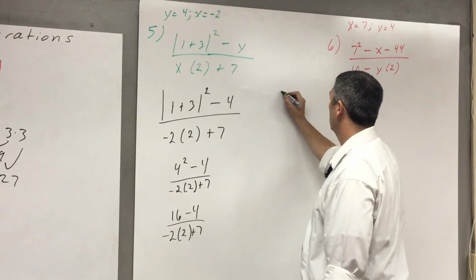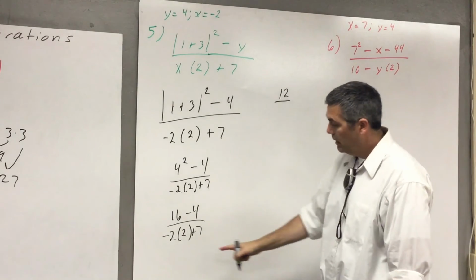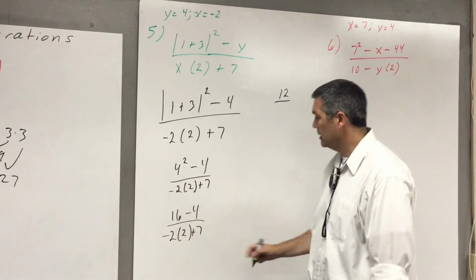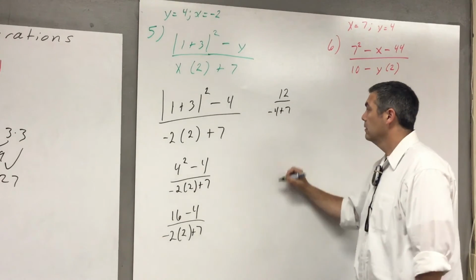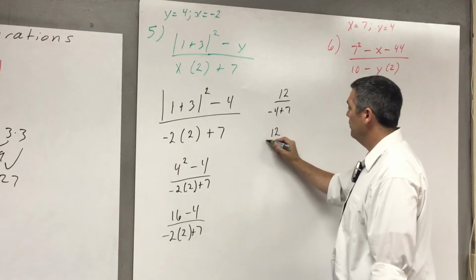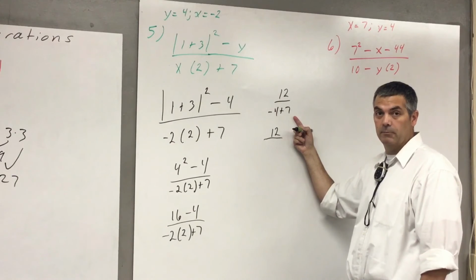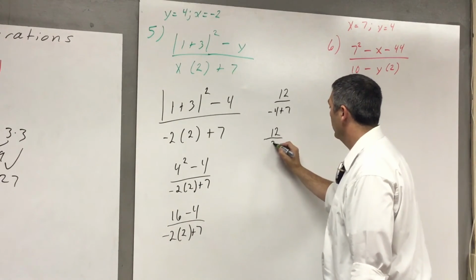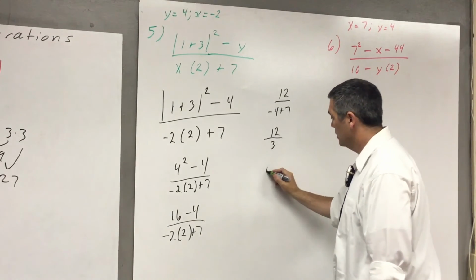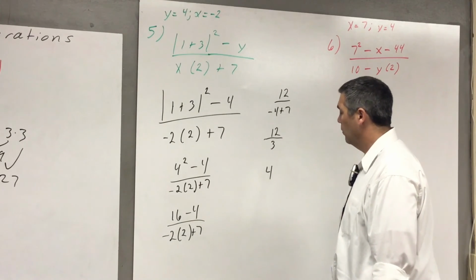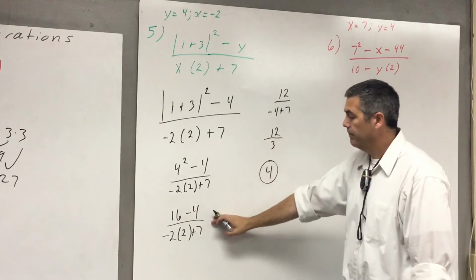That gets me 12 over. And I'm going to go ahead and do this negative 2 times 2. That gives me negative 4 plus 7. Okay? That gets me 12 over negative 4 plus 7. Subtract, keep the sign of the bigger number. Over 3. 12 divided by 3 gets me 4. And there's my answer.